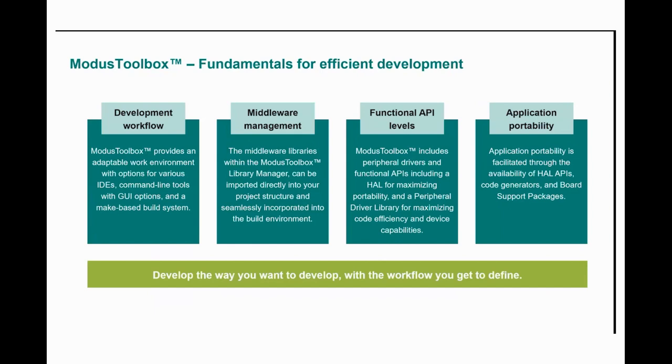As I'm creating applications, I want to use this really cool middleware, these building blocks that exist in our industry. How do I take advantage of those and get them into my actual product? And then when I get down to the actual coding of the project itself, what are the function calls that I'm using? What are the APIs that I'm using? And at what level?